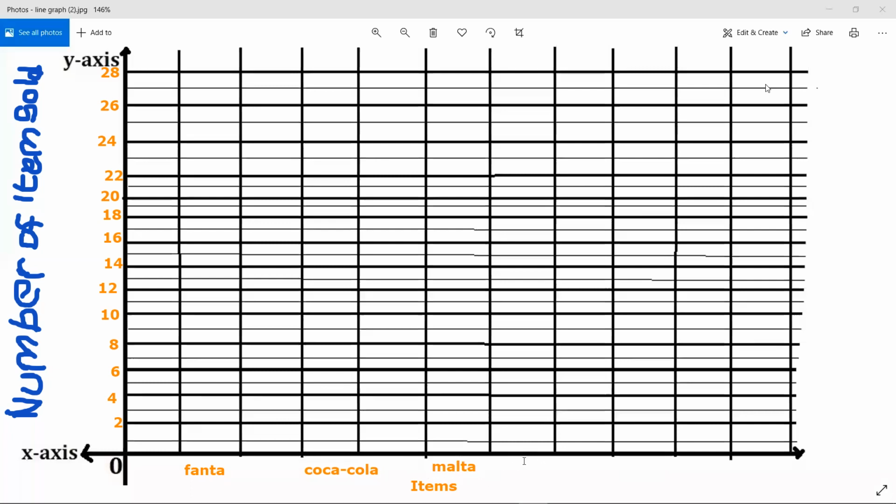Then on the malt, let me leave the same distance, 2 centimeters, and then biscuits. Then let me leave the distance with the biscuits, milk.